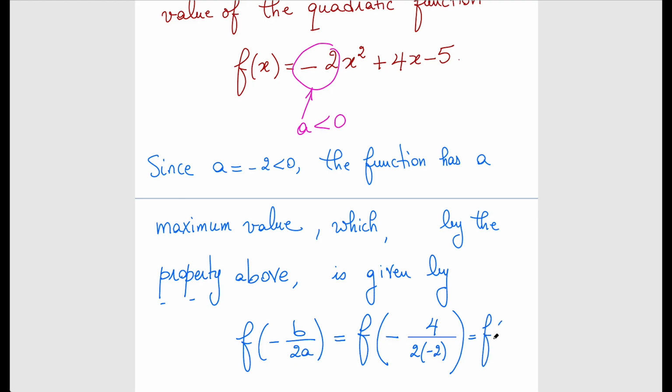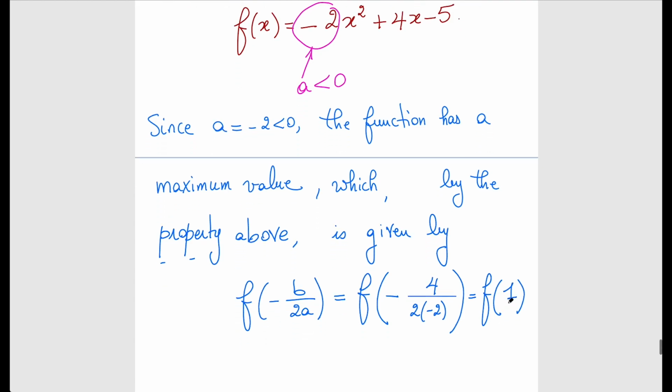And what is that? This is f of, what's 4 divided by 4, -4? That's -4 downstairs, 2 times -2 is -4. 4 times -4 divided by -4 is -1. With that minus, it becomes a 1. So f of 1. The h is 1.